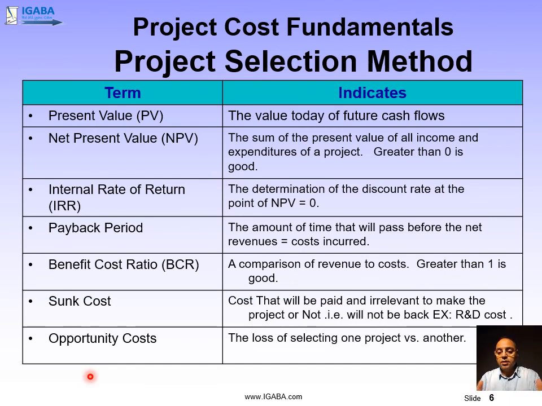Of course, the money has to come from somewhere, and that somewhere is the consumer. And that is the concept of sunk cost. Opportunity costs, yeah, sure. We already addressed that in a previous slide, so I'm not going to talk about it again here.